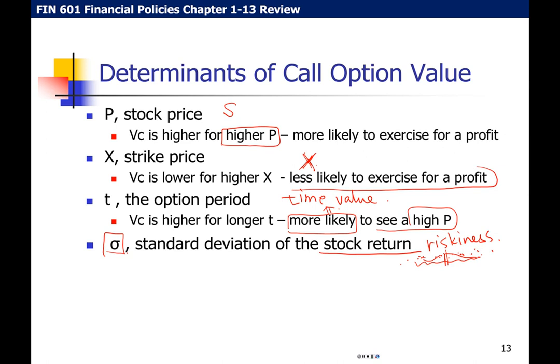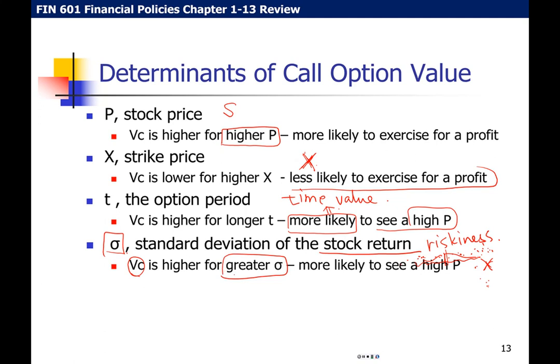What matters here is that it would be easier for the stock price to beat the strike price, since the stock price is more likely to go into an extreme value. So the value of a call option is higher for a greater standard deviation.